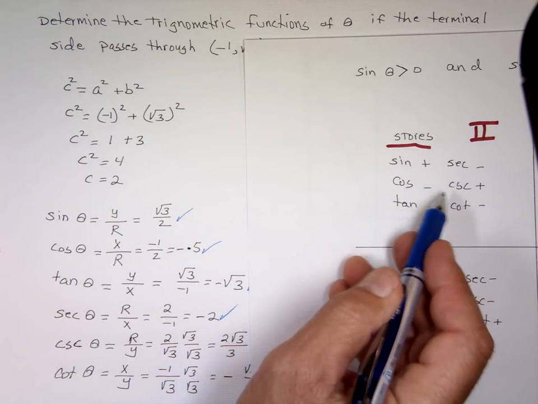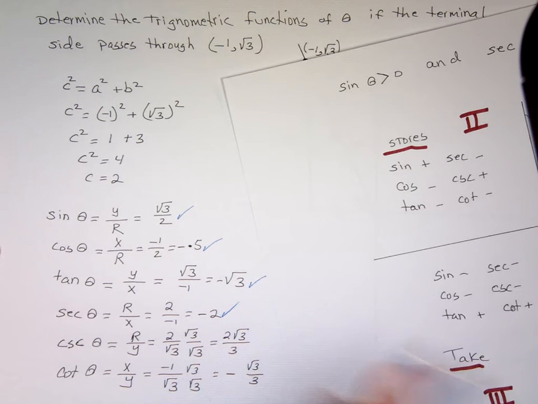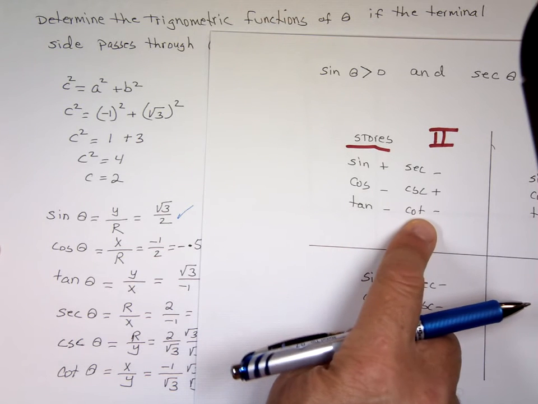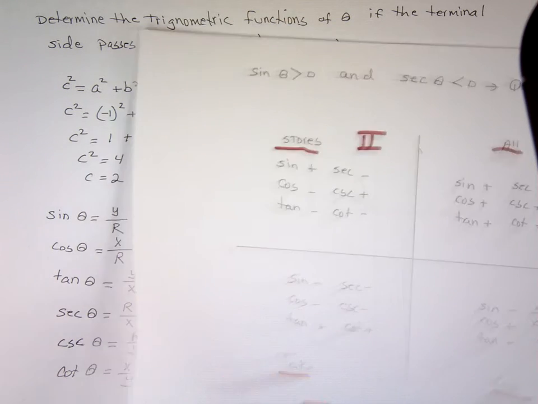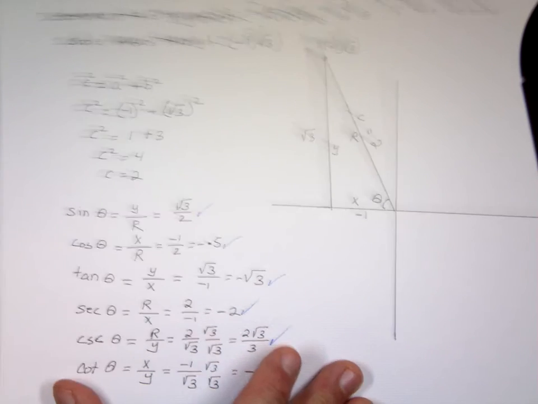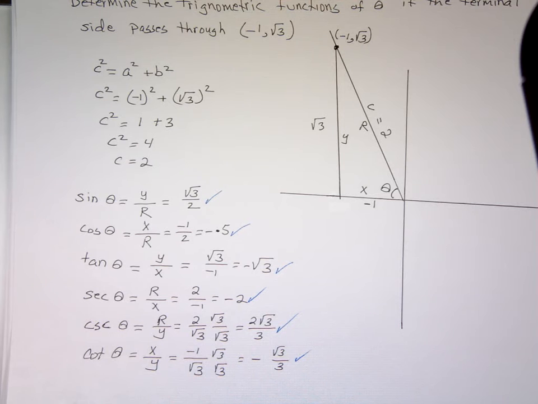Cosecant should be positive. And the cotangent should be what? Negative in that quadrant. So all my signs are check, check, check, check. I have the correct signs.